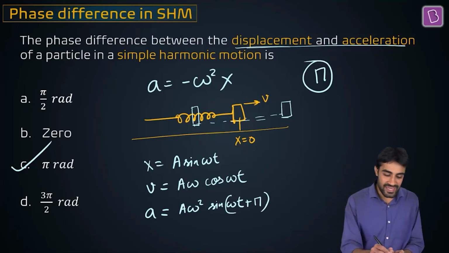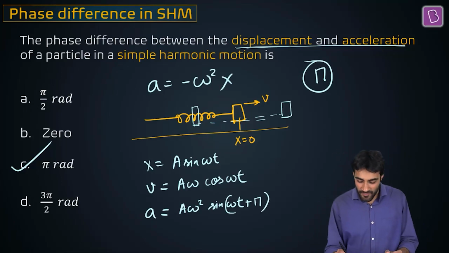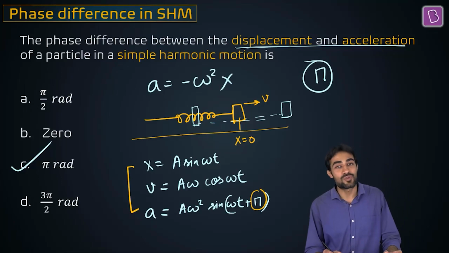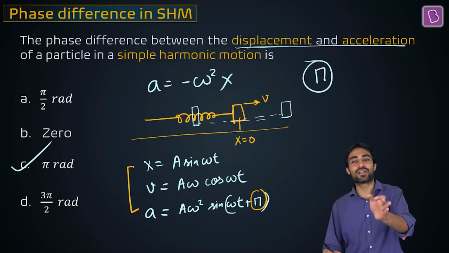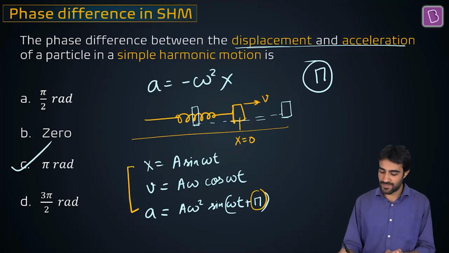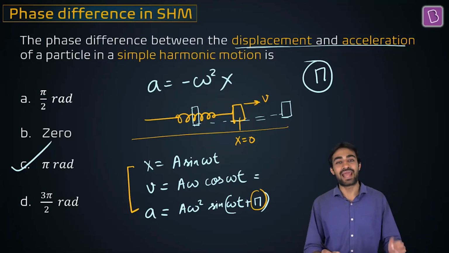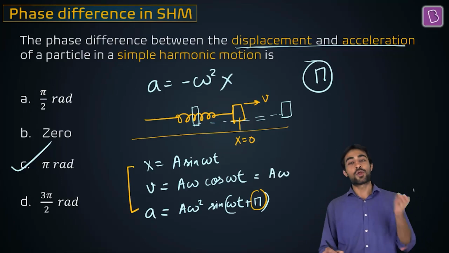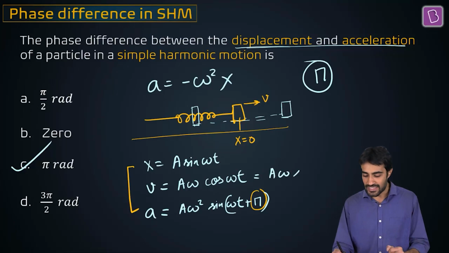Wow! We can definitely see now the phase difference between x and a. The phase difference between x and a is nothing but pi. Can you see that? Yes. And you can also see what is the phase difference between x and v. We can write the velocity as a omega, instead of cos omega t, we will write sine of omega t plus pi by 2.